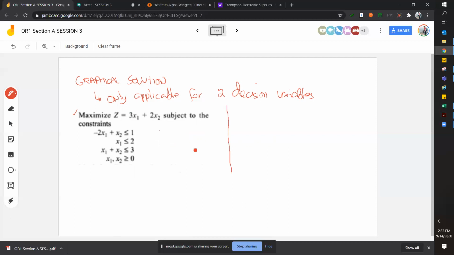Kailangan natin mailagay lahat ng ito, maigraph. Start tayo dito. Negative 2x1 plus x2 less than or equal to 1. Ano po yung if x1 ay 0, anong x2 natin?